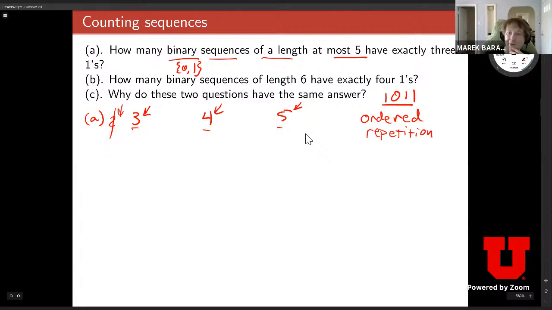If you think about it, what we're doing is slotting these ones into the positions in the string. The order we slot them in doesn't matter, so it's not ordered. And do we have repetition? No. So it's unordered without repetition.